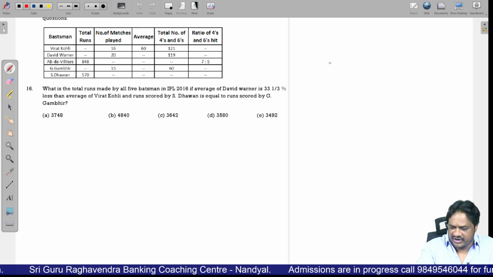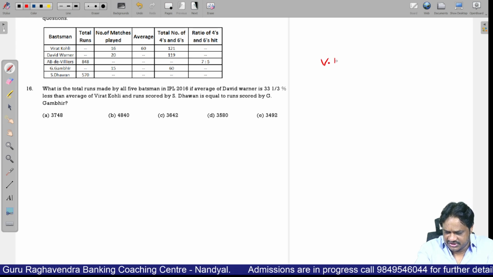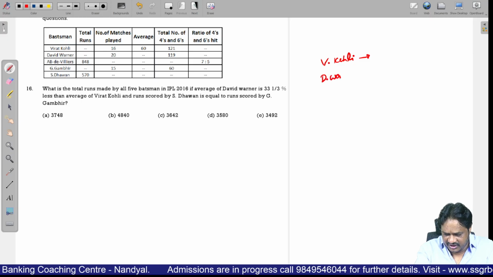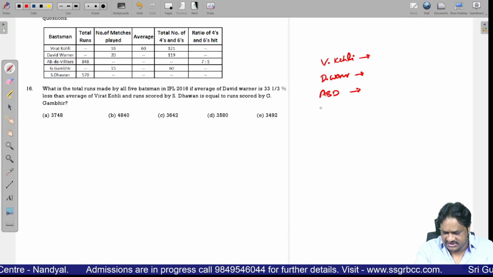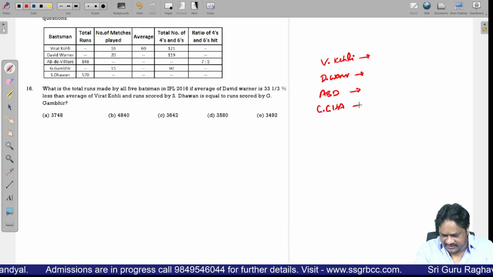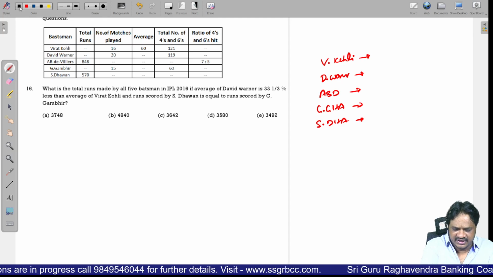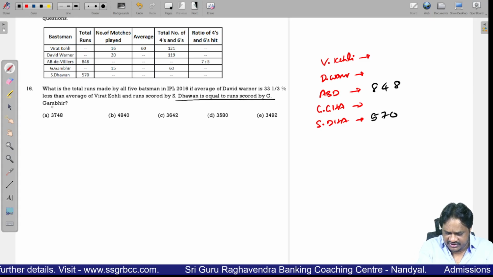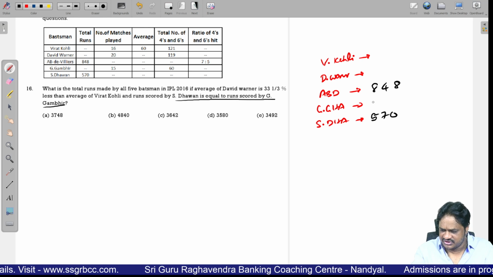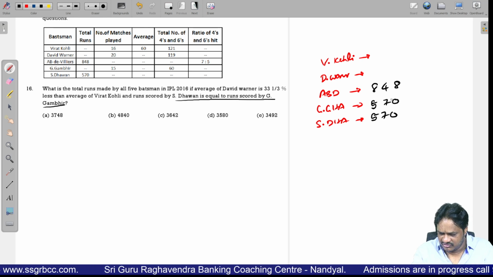So we have to find the total runs of 5 batsmen, that is Virat Kohli, David Warner, AB de Villiers, Gautam Gambhir and Shikhar Dhawan. If you see the data, AB de Villiers scored 848, Shikhar Dhawan 570. The runs scored by Shikhar Dhawan is equal to runs scored by Gautam Gambhir. So Gautam Gambhir is also 570.